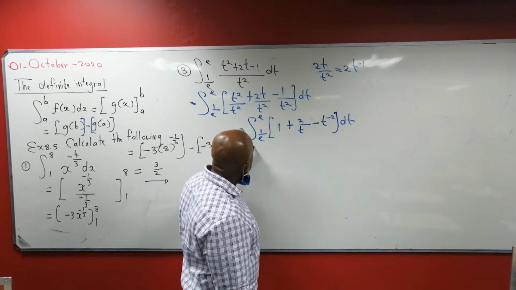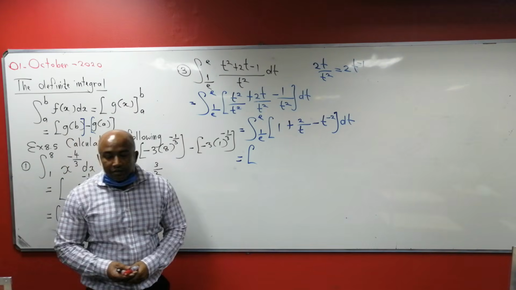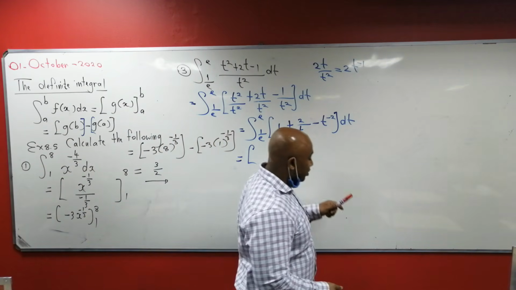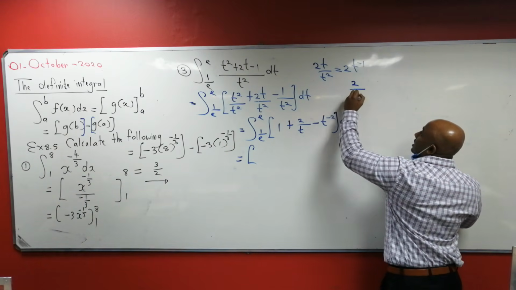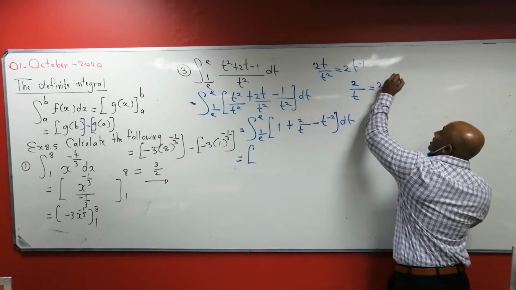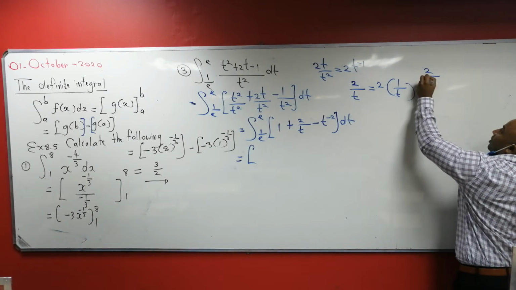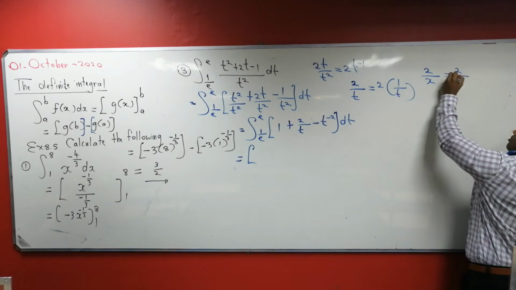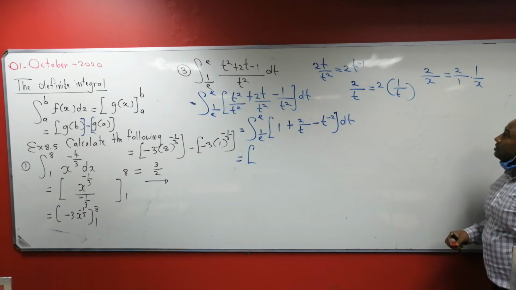Now, there's nothing more we need to do. This one here, if you want to, for your understanding, 2 over t is the same as 2 times 1 over t. Just like 2 over x is the same as 2 over 1 times 1 over x. Okay.